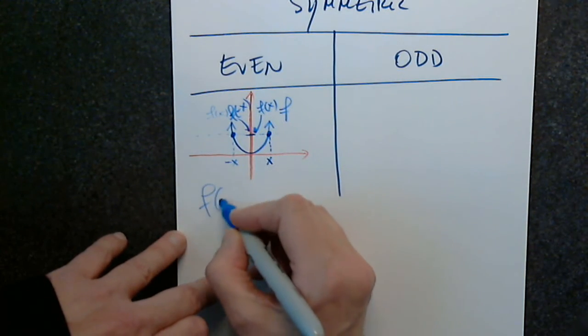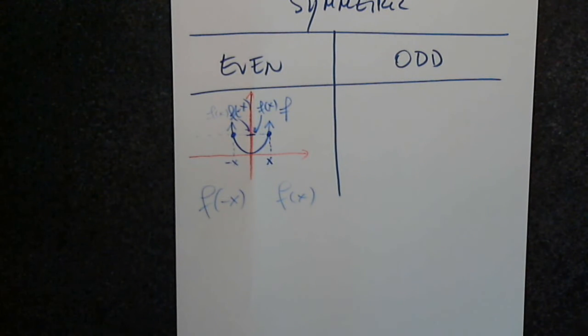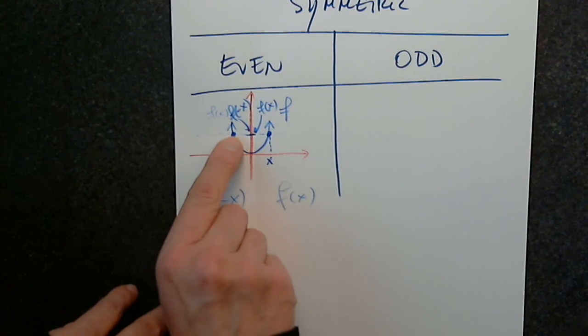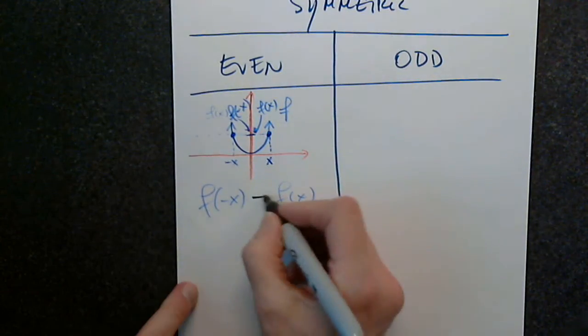So now I would like you to give me the relationship that you think exists between f of negative x and f of x. What do you think? What is the relationship between these two values? This is f of x, and this is f of negative x. What do you think? Of course, absolutely.